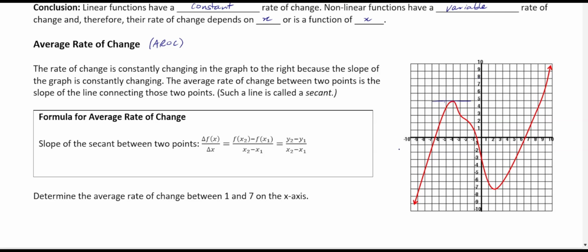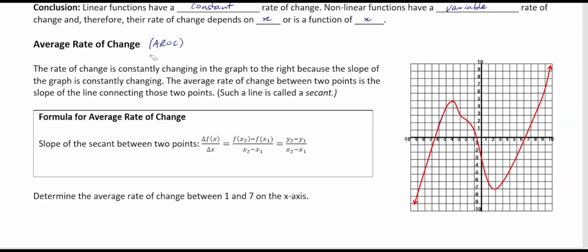If we draw a tangent line right there, the slope is 0. Several tangent lines would lead to here, and then it goes towards 0, and now it starts to go this way. So we can see that the slope is changing as we proceed along the x values.